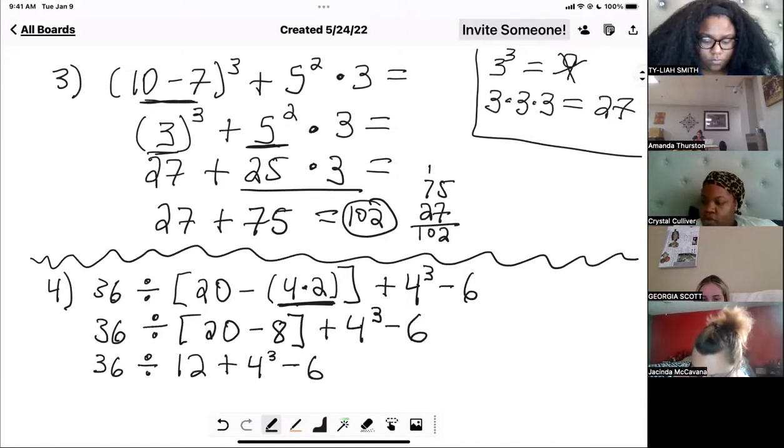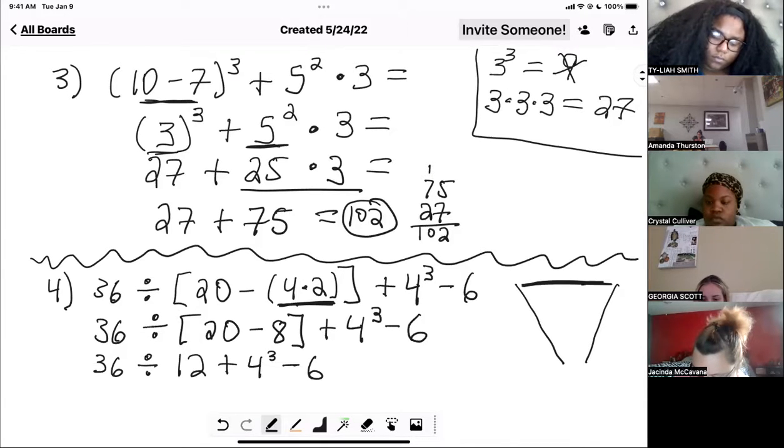Look how quick it went, really fast. When you do order of operations, you're simplifying, and the problem's long and then it gets shorter and then shorter and then the answer. So it sort of goes like a V. If you do it right, it goes big and then it goes short.